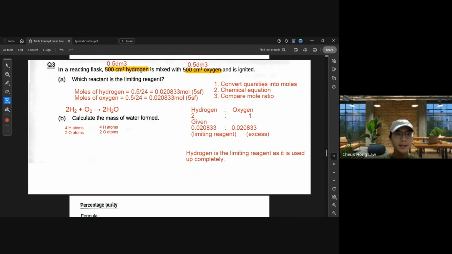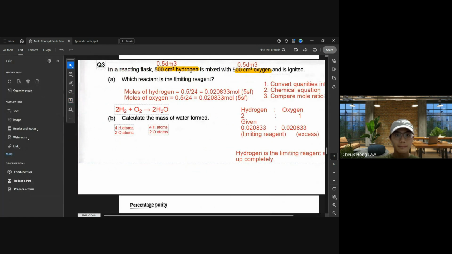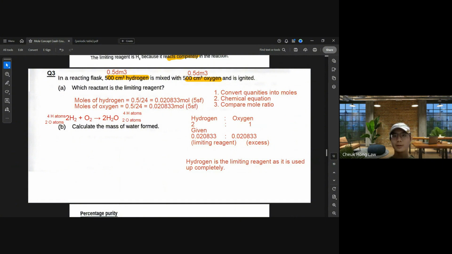Okay, calculate the mass of water from... Now we know that hydrogen is the limiting reagent, so we're going to use the number of moles of hydrogen. We choose the limiting reagent to compare mole ratio. Why? Because it is the one that is being completely used up, so it's the most reliable way to compare mole ratio. So we're going to compare mole ratio between hydrogen and H2O.